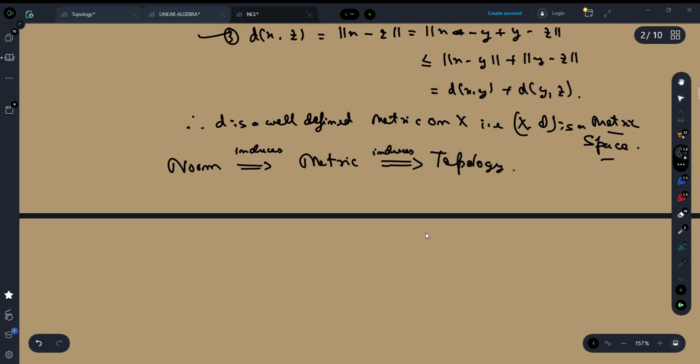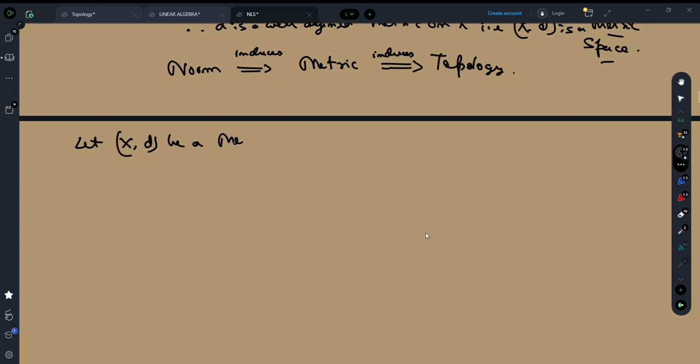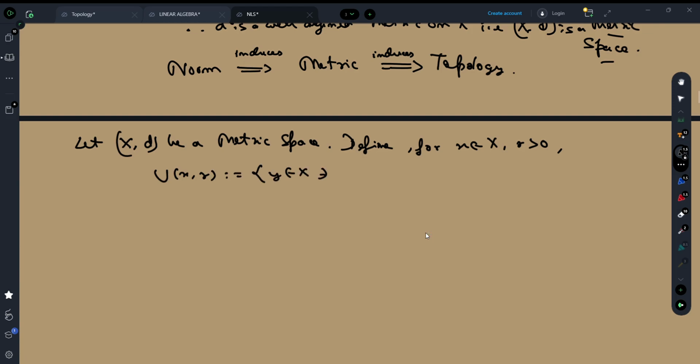If you have a metric space, you can consider what we call open balls. Let me just give a brief introduction. So let (X, d) be a metric space. We define what we call an open ball, defined for some element x in capital X and some positive r, U(x, r), which is defined as the set of all the elements y from X such that the distance between x and y is less than r.